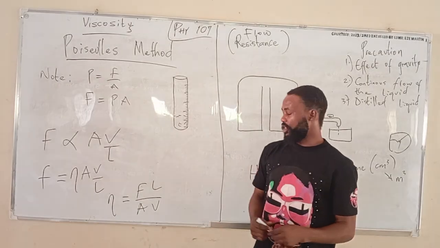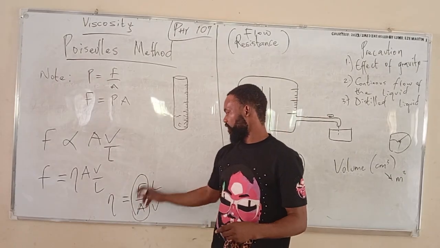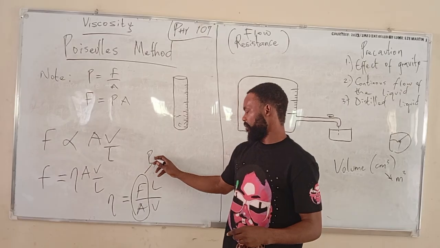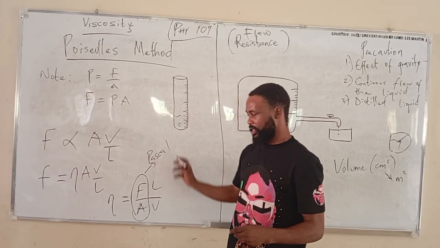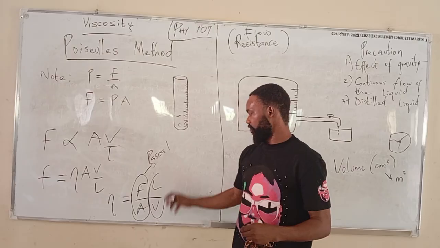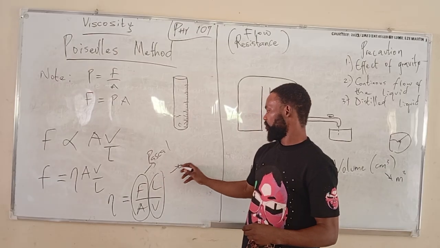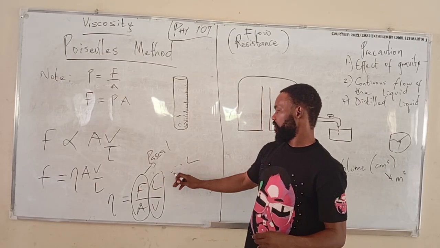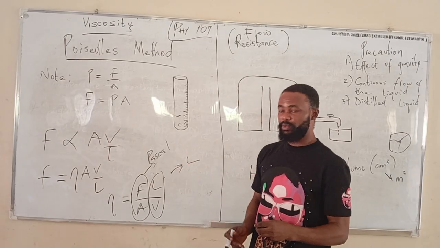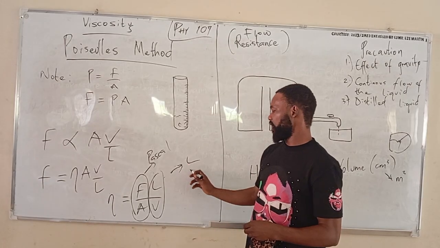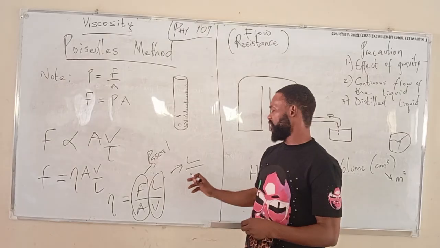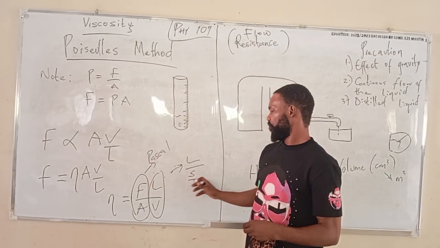And it is from this that we see that this thing here is pressure, and the unit of pressure is Pascal, right? Notice something: this is L, this is L, this is L. We are not in a hurry, in as much as we want to do practical. Velocity itself is displacement over time.